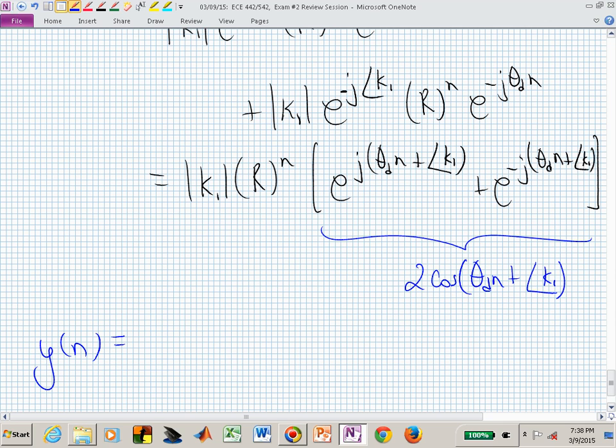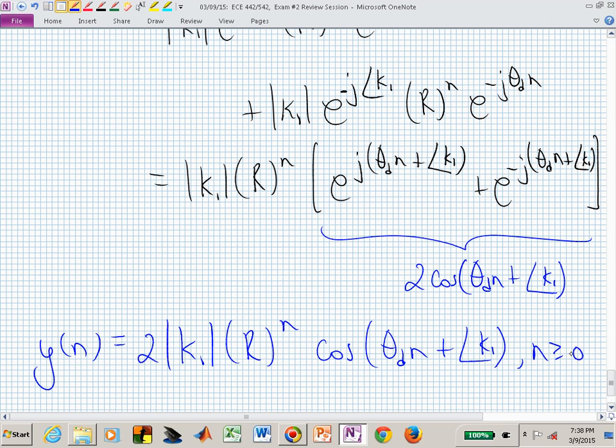And a lot of your calculators can solve for that complex k sub 1 fairly easily. You now have 2 times the magnitude of K1, that 2 popping out because of these complex exponents. R to the n, depending on what size r is, tells you whether you're collapsing or expanding. And the oscillatory behavior is influenced by the angle of your poles. That was theta sub d. And then K1's angle is added in, and that was true for n greater than or equal to 0.